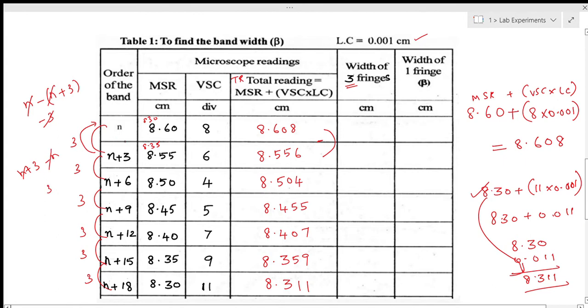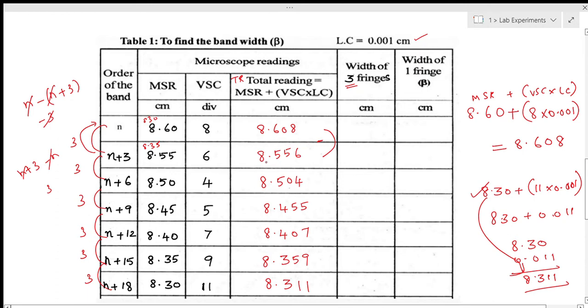So whatever may be the case, the difference between the two adjacent readings should be taken. As per this sample reading, it is the higher minus the lower reading amongst the two.